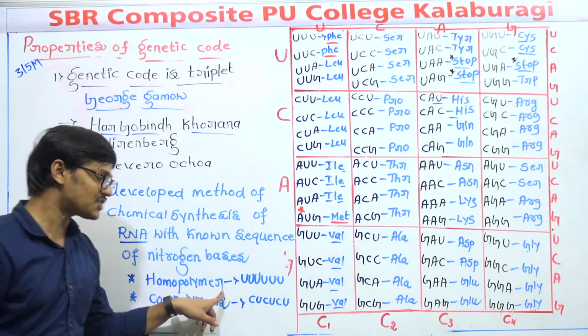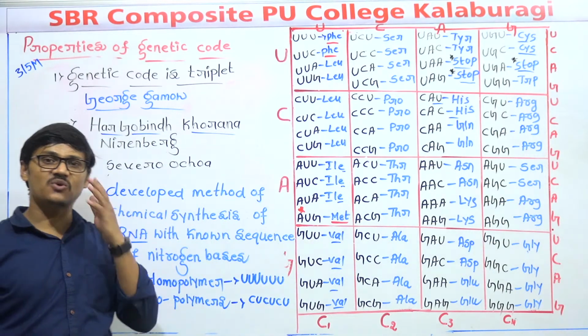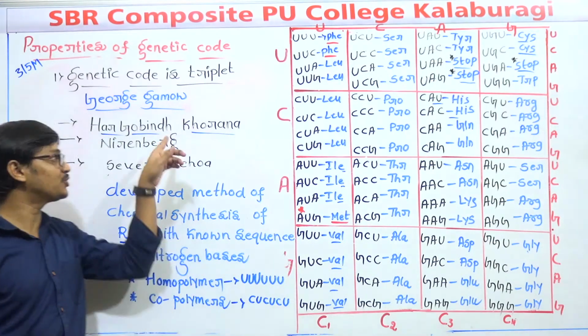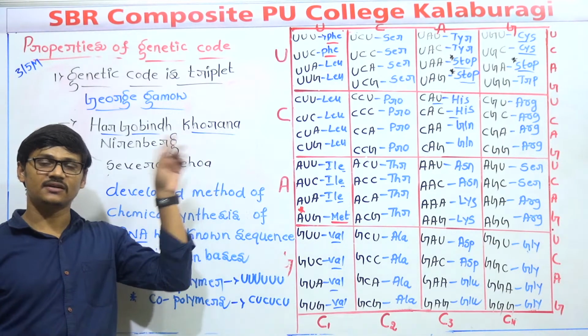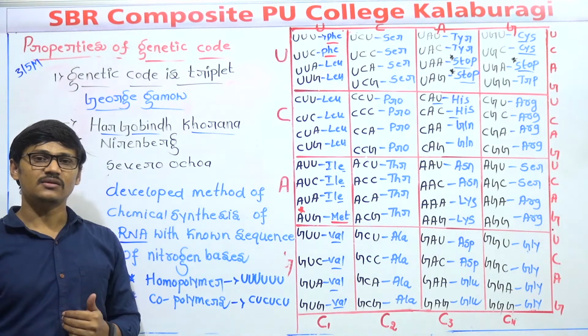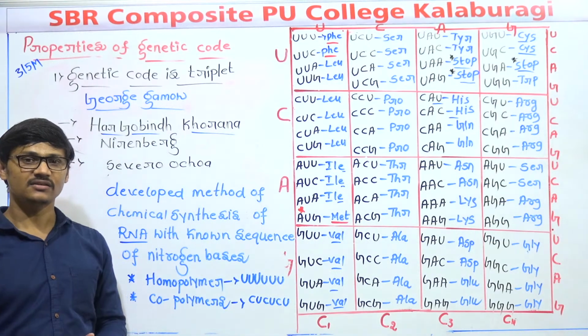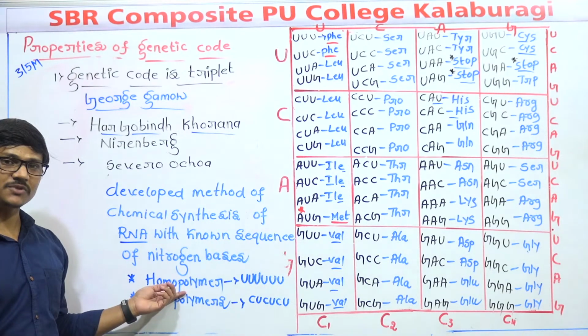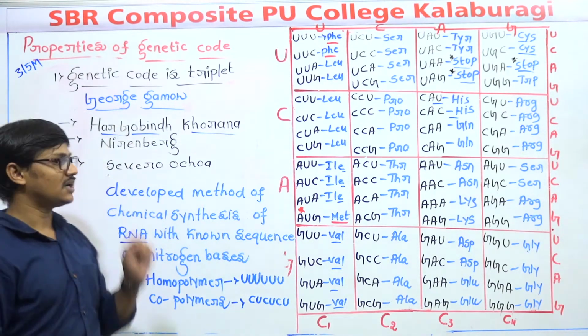By producing such RNA, Hargobind Khorana said that the genetic code is a triplet. That is his contribution. He was the man who introduced the chemical method of artificially synthesizing RNA. That is about Hargobind Khorana.